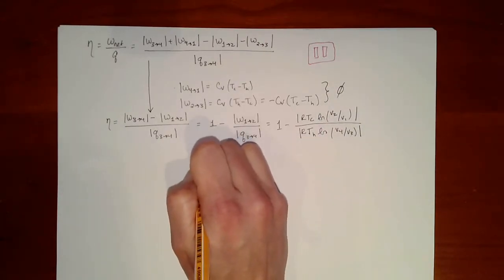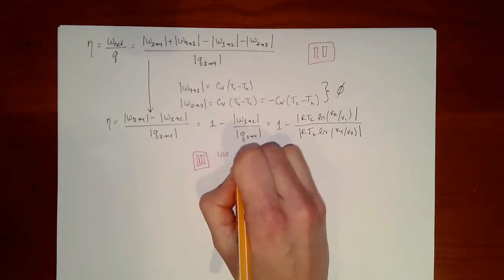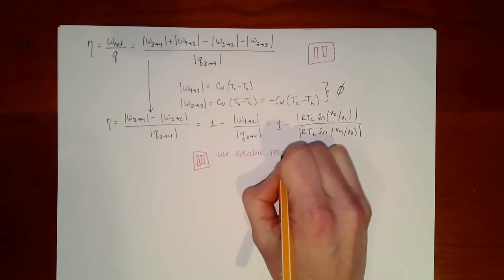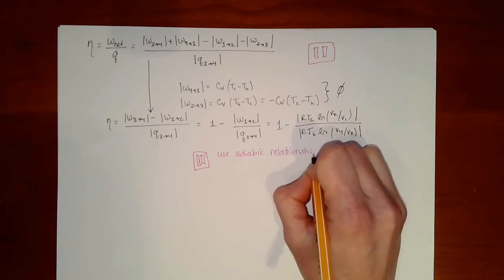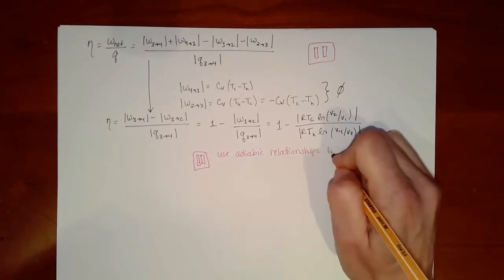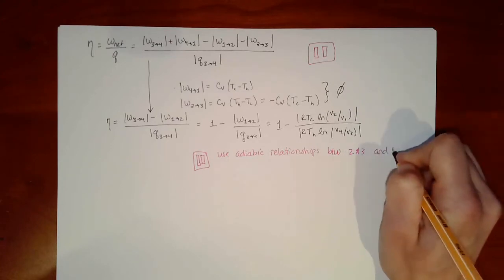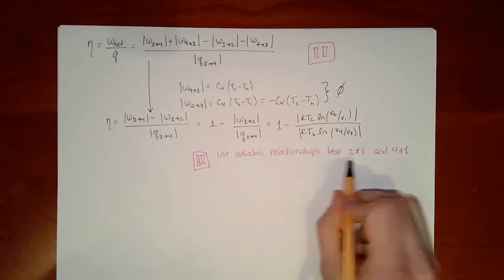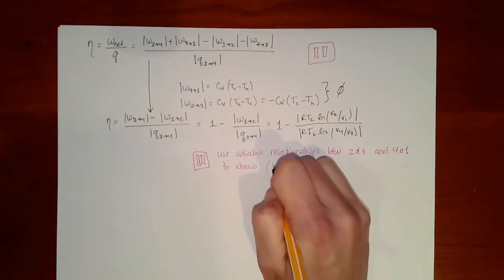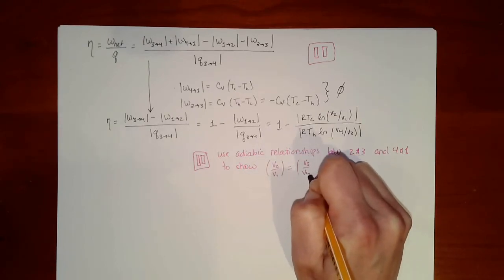To do that simplification, my hint is to use adiabatic relationships, and you have two adiabatic relationships between states 2 and 3 and states 4 and 1. So use equations for these relationships to show that V2 over V1 is equal to V3 over V4.